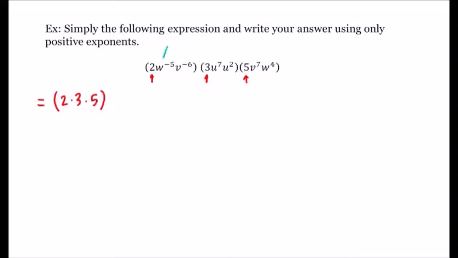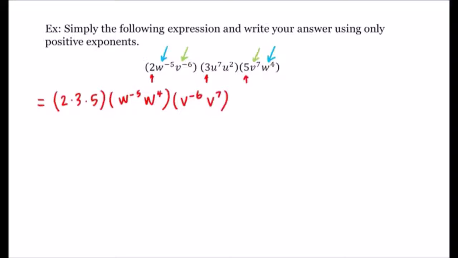And then multiply the w terms together, so times w to the negative 5th power times w to the 4th. And then group the v terms together. We have this term and this term. So times v to the negative 6th power times v to the 7th.